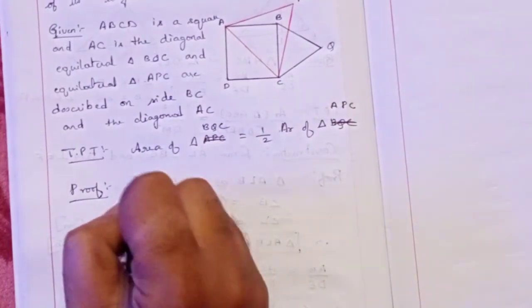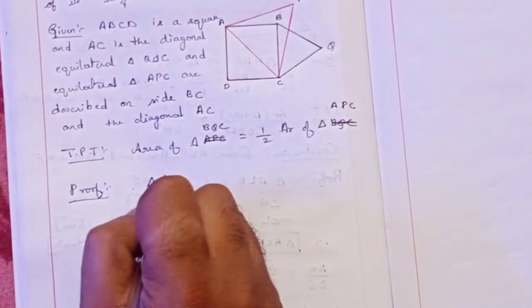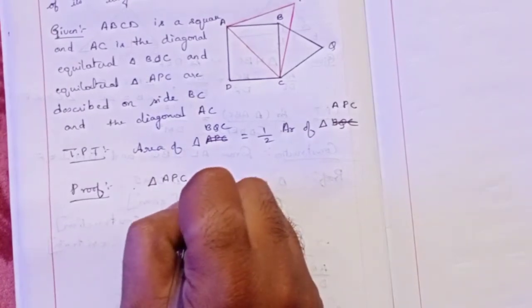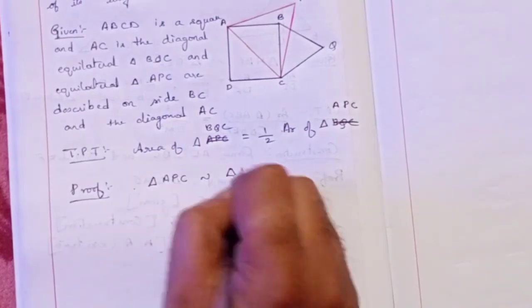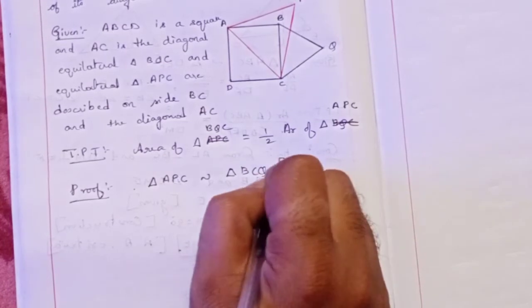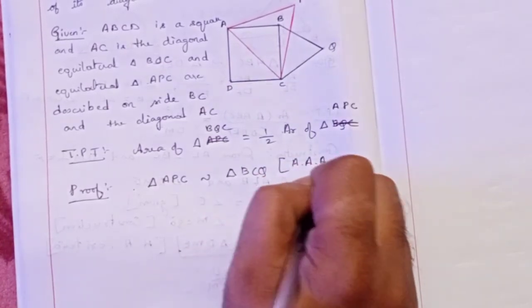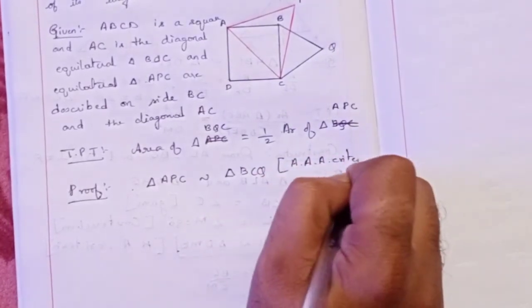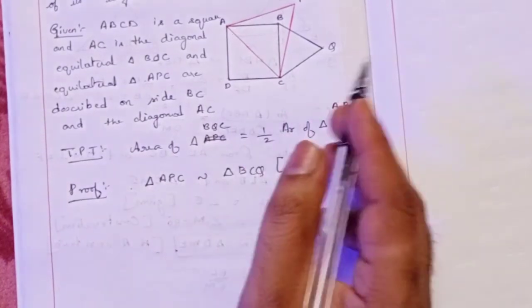Therefore, we can write triangle APC is similar to triangle BCQ by AAA criteria, because corresponding angles are equal.